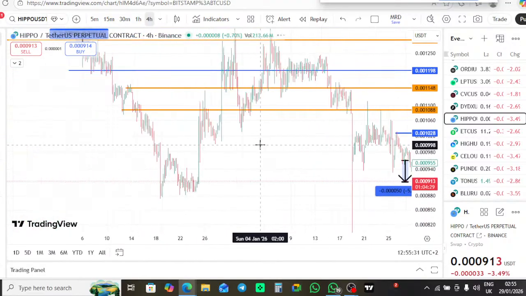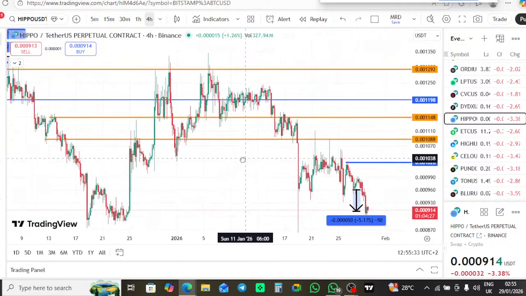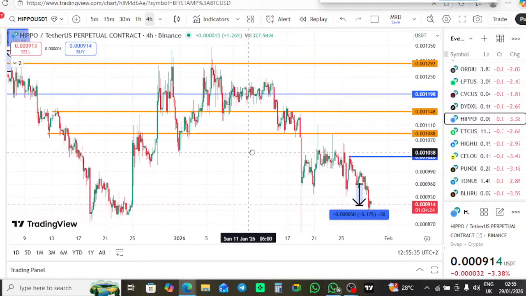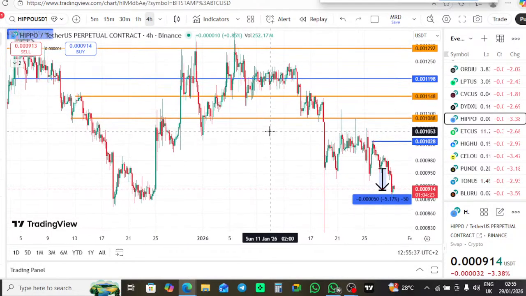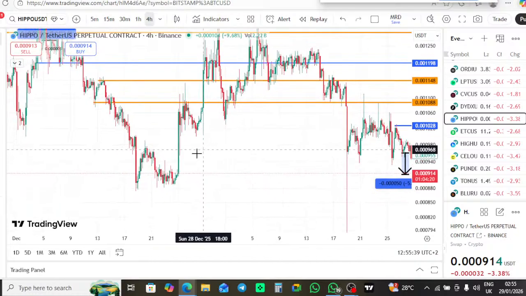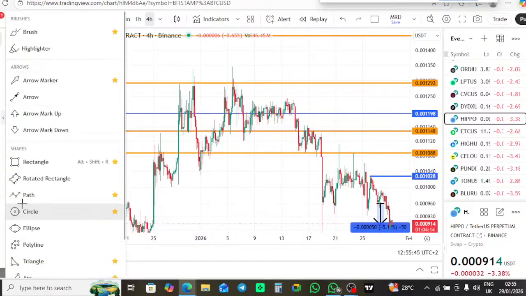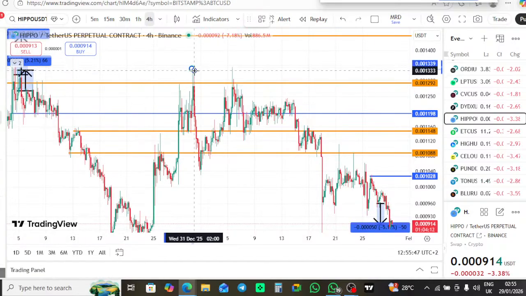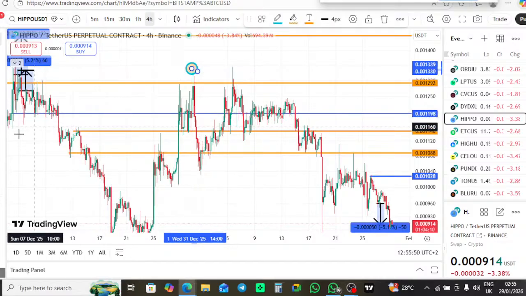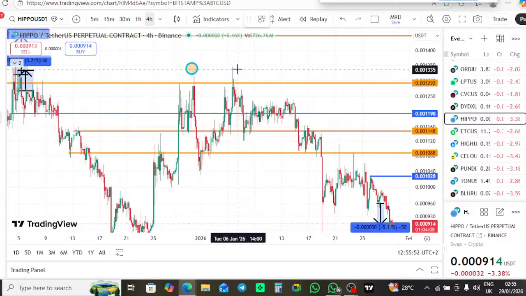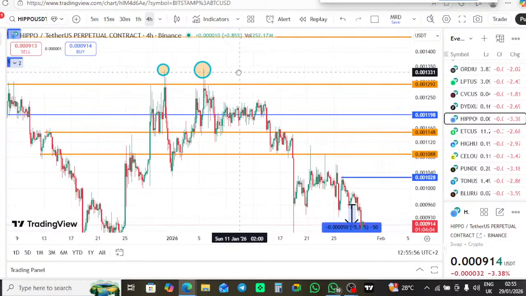Now, can we identify the change of character somewhere here for shorting the market? This was a trend from here to here, and these 2 points failed. This was our point, then another point here. This one is higher than this, meaning this qualifies to be a high.